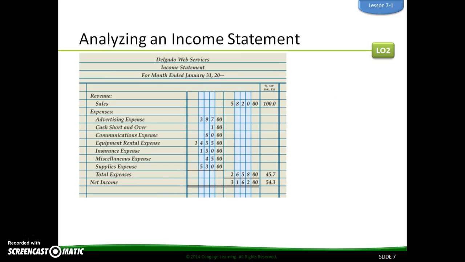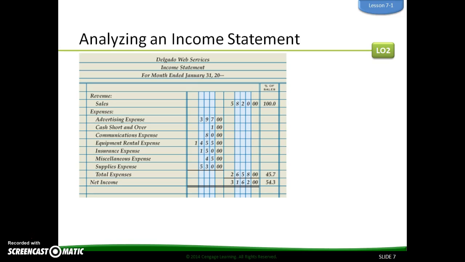All right, so analyzing an income statement, let's look at the one we just prepared. I can see that revenue from sales is 58.20, but as a percentage of sales, all of our revenue is coming from sales. If we had revenue coming from other sources, we might be interested to know how much of our revenue is being generated from sales versus some other source that we might have.